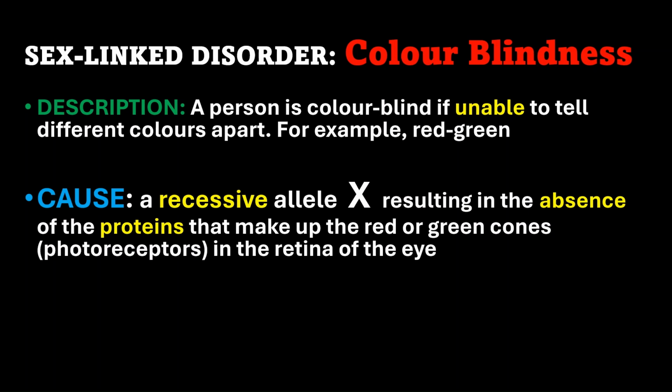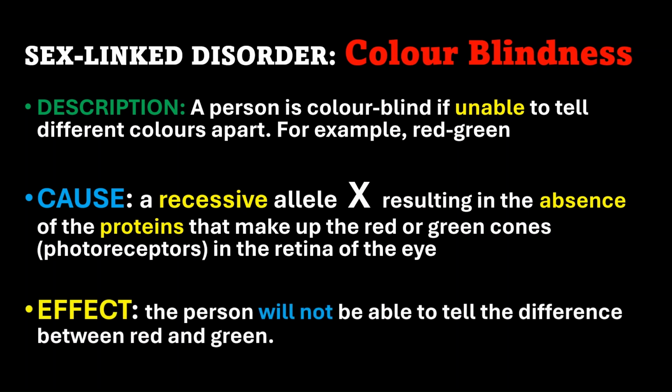And so, like all sex-linked disorders, the condition is caused by a recessive allele, resulting in the absence of the proteins that make up the red-green cones, the photoreceptors in the retina. Effect: the person will not be able to tell the difference between colors. That is the primary effect. Specifically, the person cannot tell the difference between red and green.